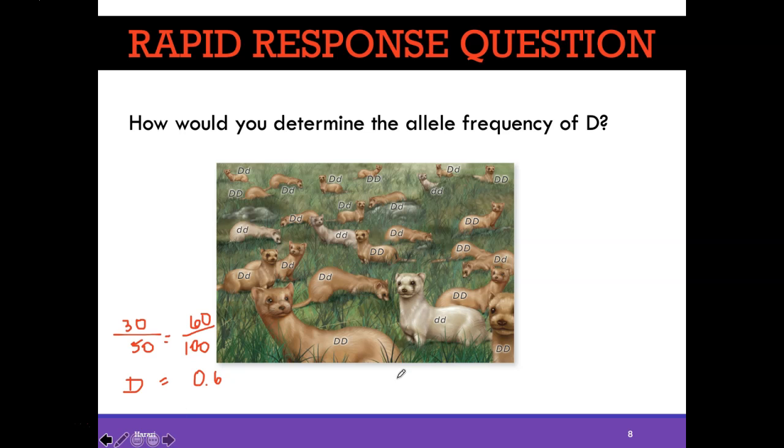You can figure out the same thing with little d, just by counting up all the little d's. And if you did that, of course, you would get 20 little d's out of 50 alleles total. So the little d allele frequency would be 0.4.